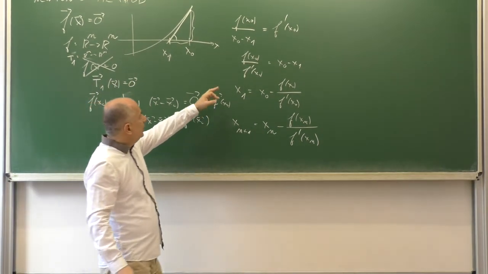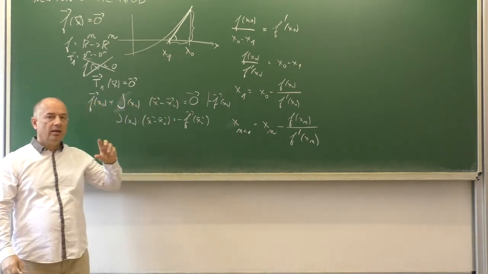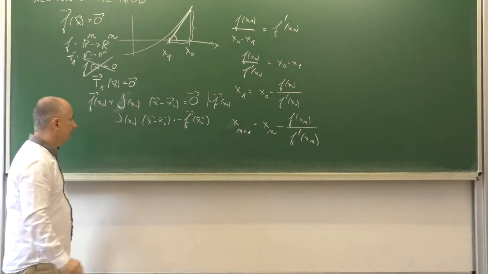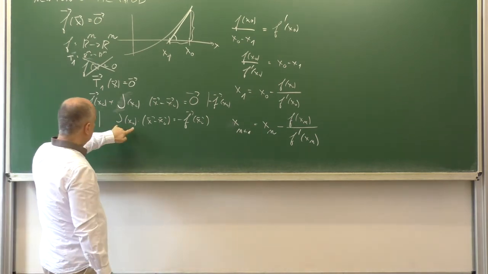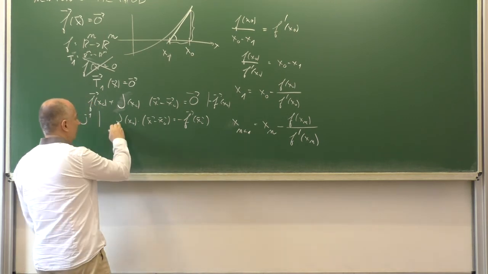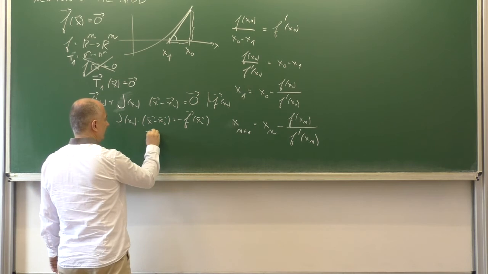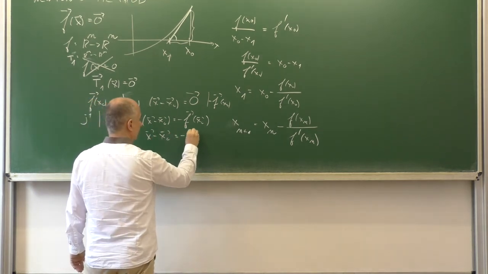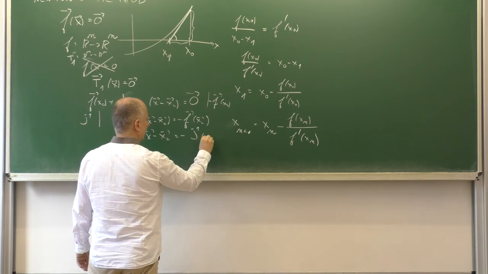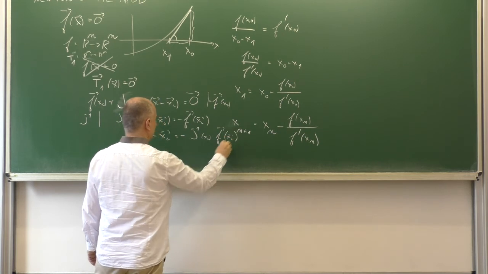Now, instead of dividing by f prime, we multiply by J inverse, and from the left. That means J vanishes here, and we have x minus x0 is minus J inverse at x0 times f at x0.